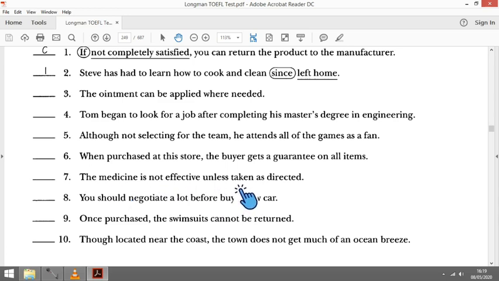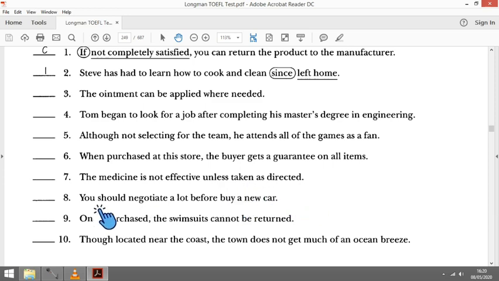Okay, "it is" is reduced or omitted, and directly appears before taken. Is it right? Yes. It is appropriate with the meaning, because we talk about medicine, so we can take the medicine.